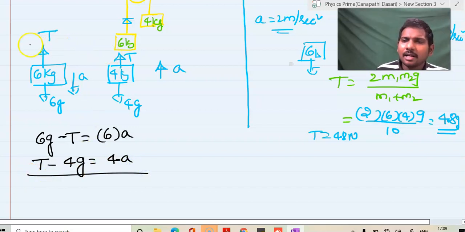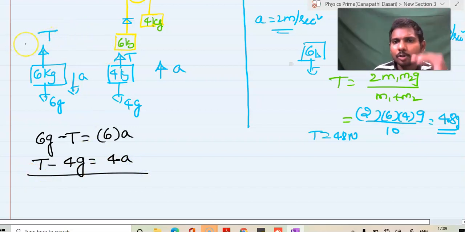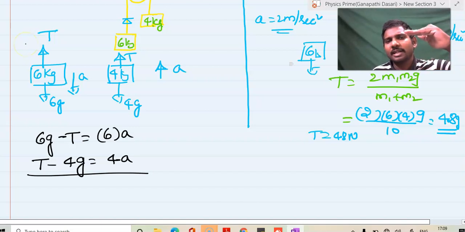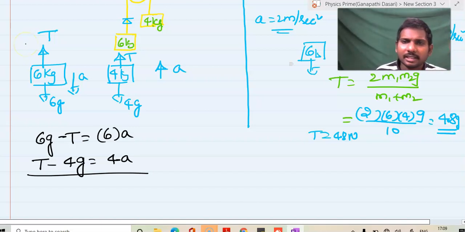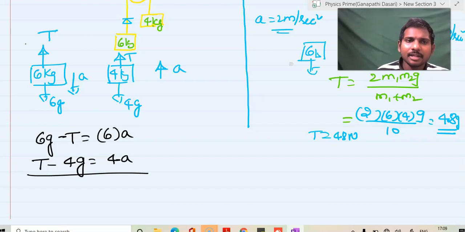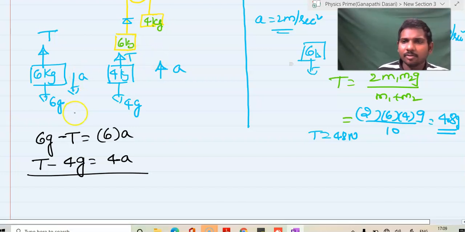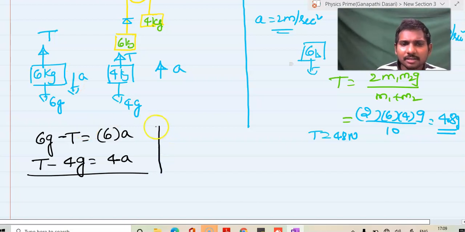Otherwise, you can take the ones going in the upward direction as positive and the ones going in the downward direction as negative, with acceleration upward positive and acceleration downward negative. By using that also we can solve. How will I get the equations? The same equations in a different manner.